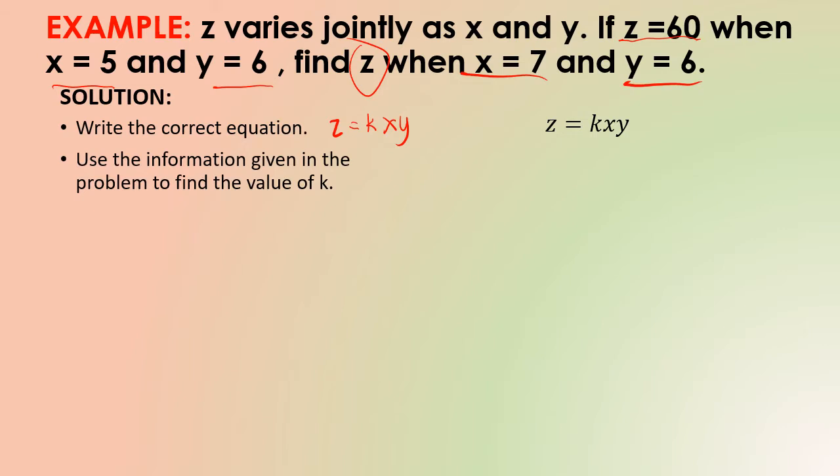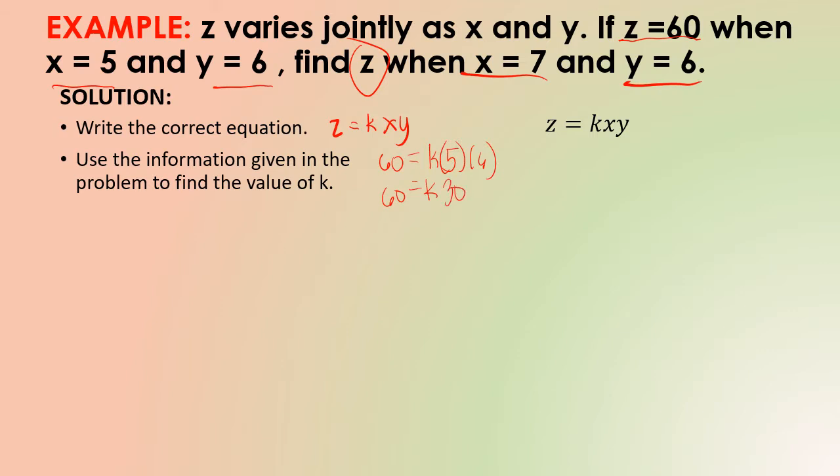Meron naman tayong mga information yung in-underline natin. If z is 60, when k ang hinahanap, x is equal to 5 multiplied by 6. So, 60 is equal to k, 5 times 6, that is 30.